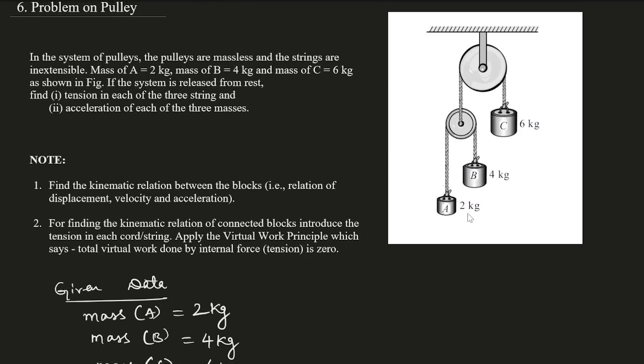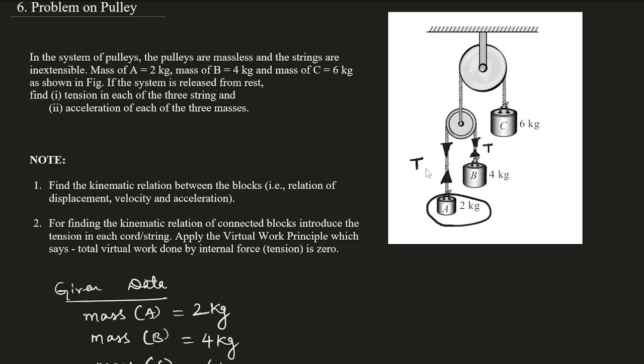Okay. So by the 2 kg block, we'll have a tension in the string like this in the upward direction because it is hanging downward. So we'll have a tension in the upward direction, and to stabilize it, we'll have a tension in the downward direction as well. This is the T by the block A, and in a similar manner we'll have a tension in the B block as well like this. Here also we have a tension T by the B block.